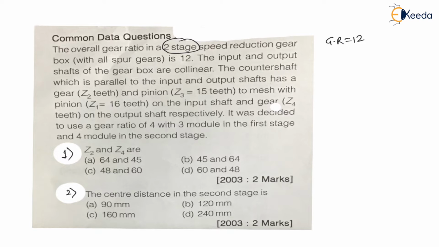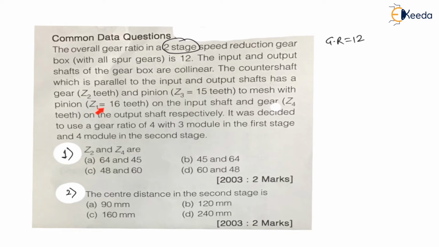The counter shaft, which is parallel to the input and output shafts, has gear Z2 teeth and pinion Z3 equal to 15 teeth, to mesh with pinion Z1 equal to 16 teeth on the input shaft and gear Z4 teeth on the output shaft respectively.